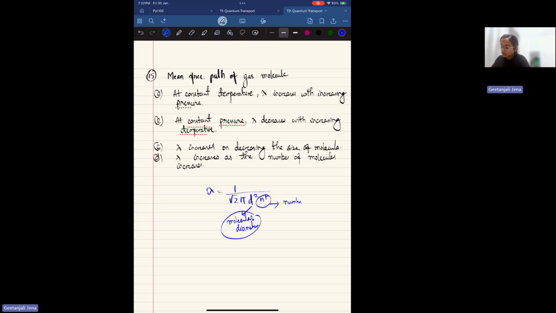So that means if you increase the number of molecules, lambda will decrease. So this is not correct. If you decrease the size of the molecule, lambda will increase. So that means the correct option is option C. Remember this relation. Okay.